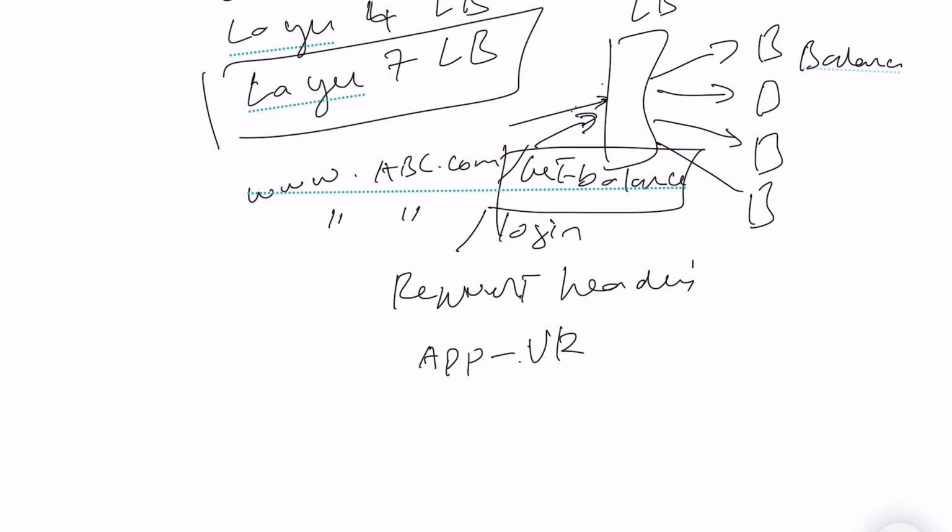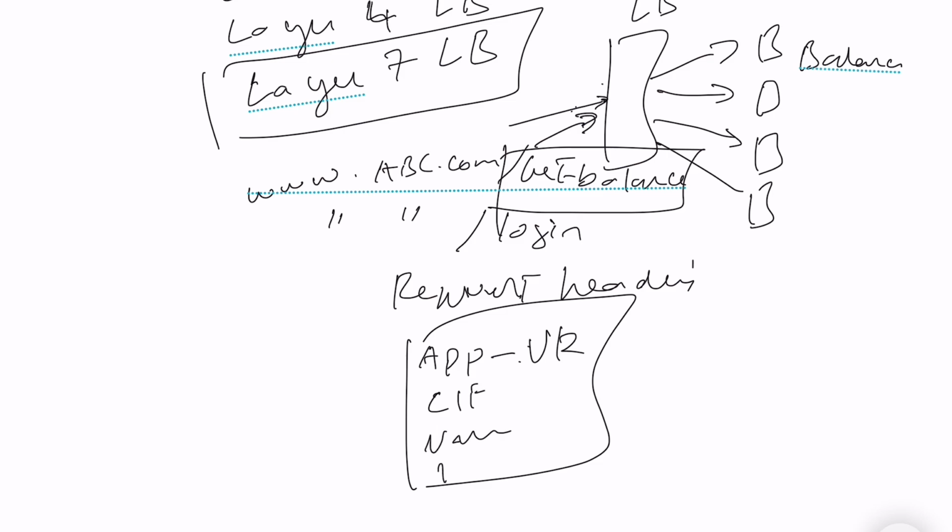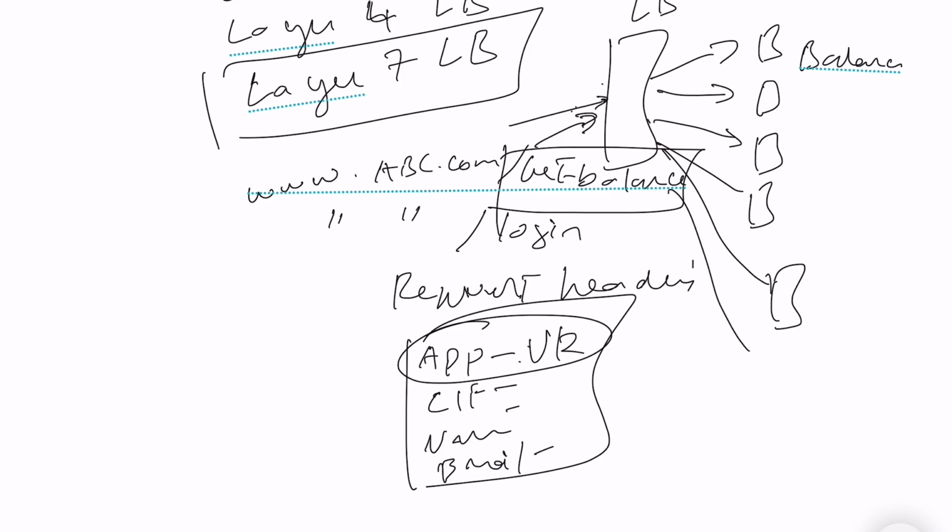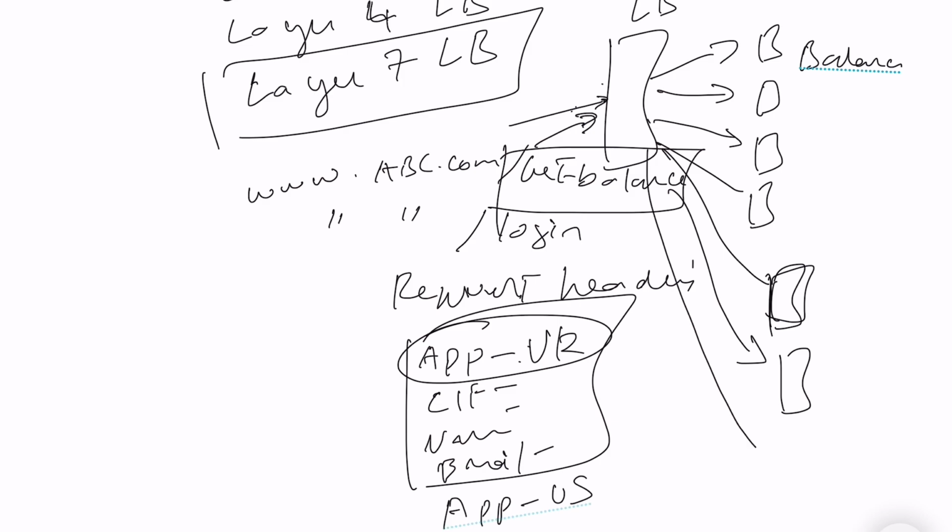In the JSON request, other things will be the same, maybe a customer ID, name, email. These can be part of the request, but just looking at this app UK, the load balancer can send the request to UK servers at the backend. Same way, if the identifier says app US, then the load balancer can send it to US servers. So that is the concept of a layer 7 load balancer, where it is more intelligent.